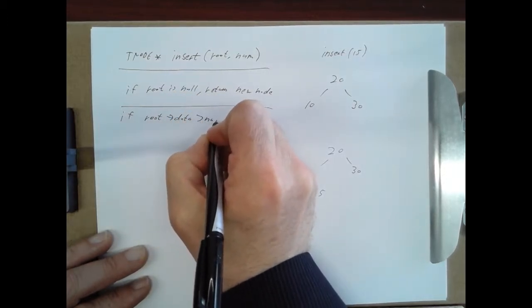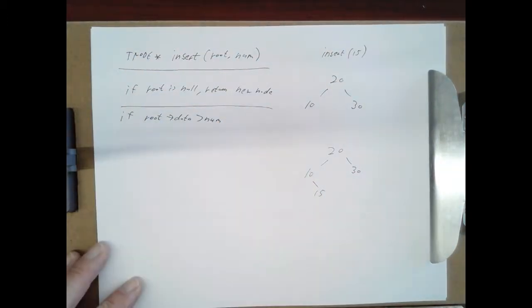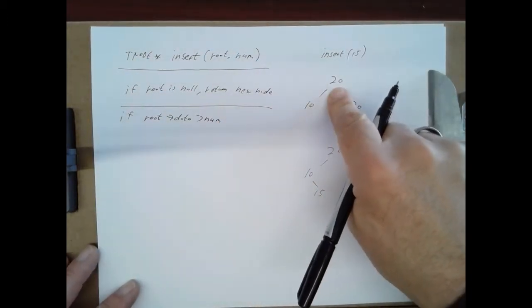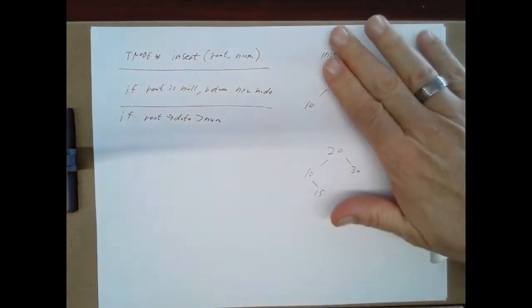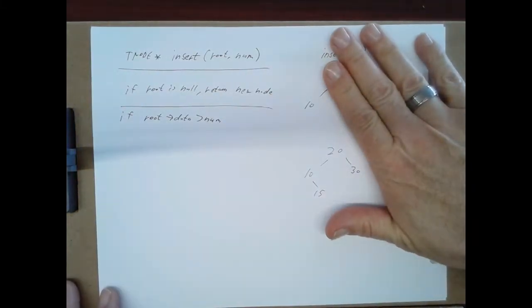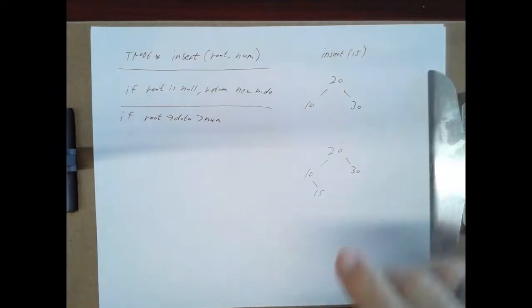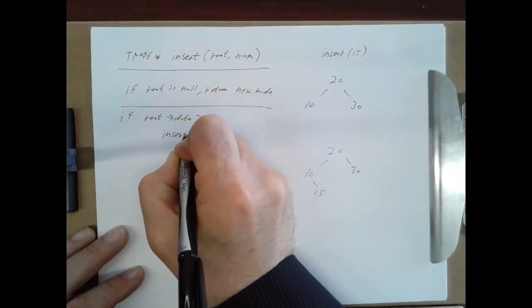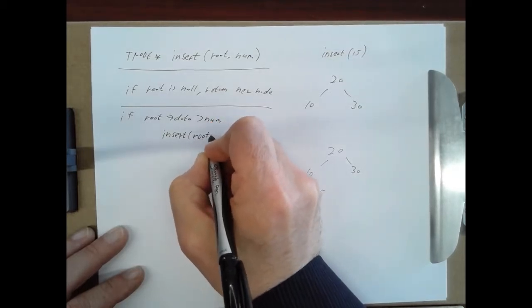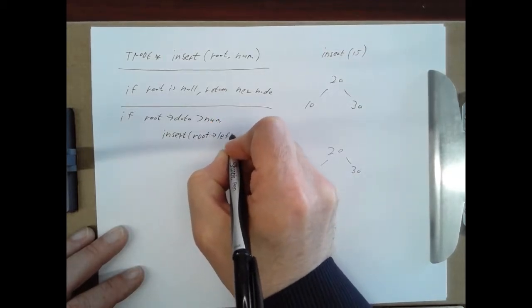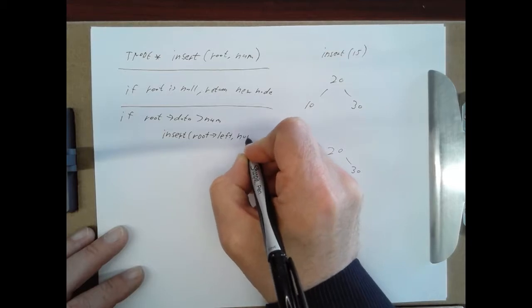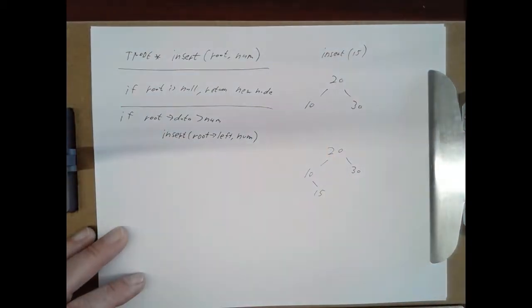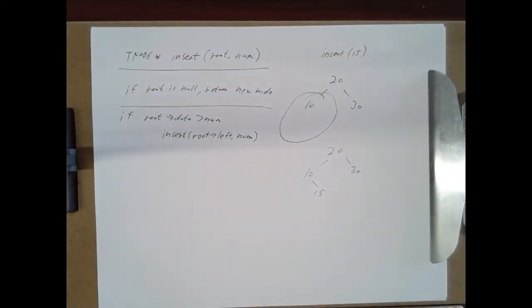if our number is smaller than the root, so the root does exist, what we really want to do is insert into the left subtree. Right, so we can say insert root left number. And that will take whatever is on the left subtree, single node, big, huge, fluffy tree, and it'll insert our number into it.